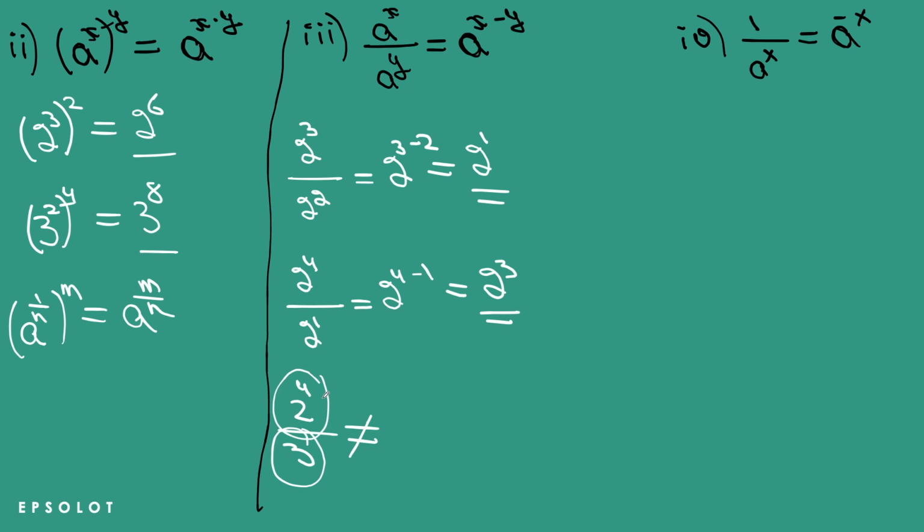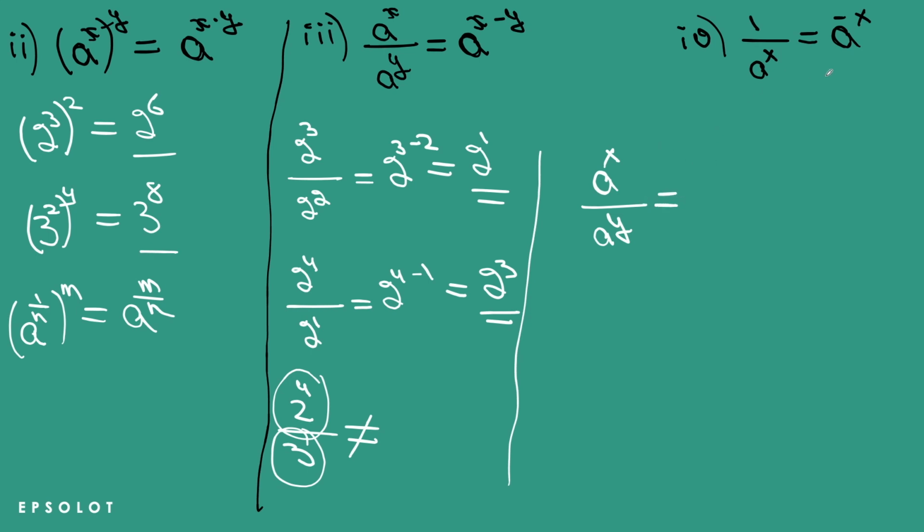But to understand this rule in a much clearer fashion, let me give you an example and explain it here. a to the power of x divided by a to the power of y.